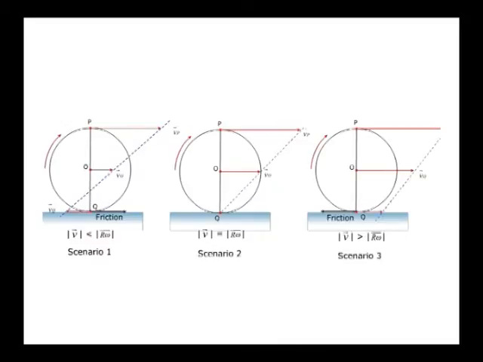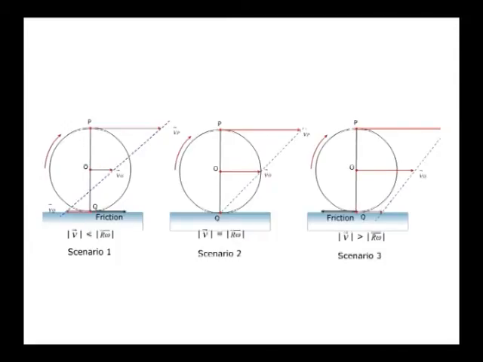It obviously changes the linear motion of the body so that the velocity of the center of mass changes in magnitude. On the other hand, the sliding frictional force produces a torque around the center of mass, which of course changes the angular velocity omega.